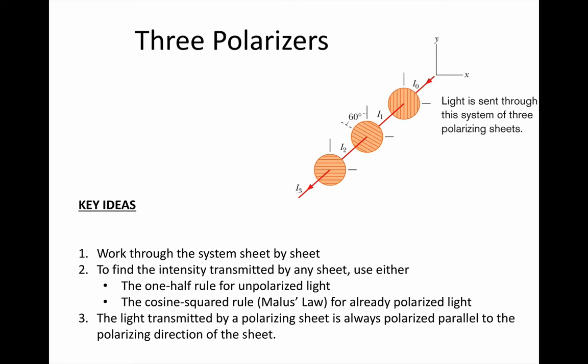So in this case, the light will be vertically polarized after the first one, then the polarization will be rotated by 60 degrees for the second, and finally it'd be rotated again to be horizontal if any gets through the third.